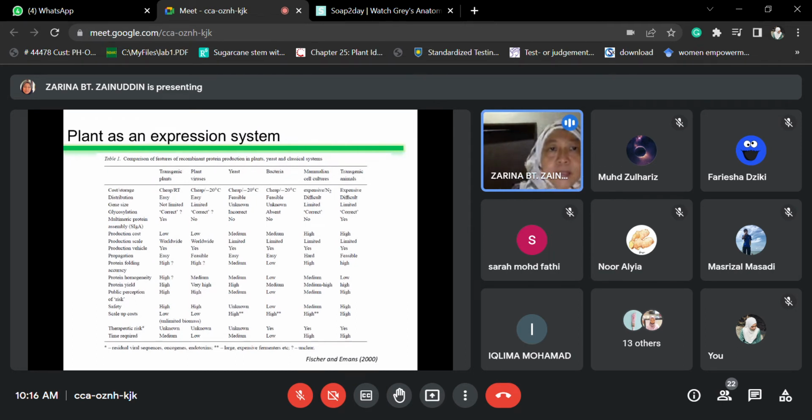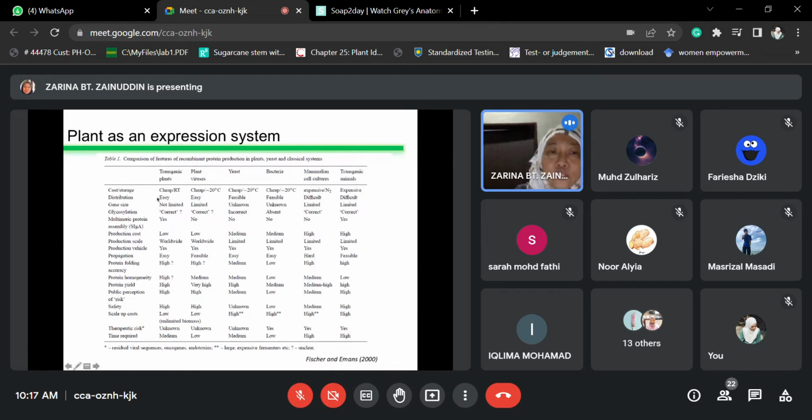For storage, if you develop a transgenic plant that can produce a vaccine, you can store the transgenic plant at room temperature. But for viruses, storage requires -20. Yeast also -20, bacteria -20. For mammalian cell culture, you have to store in liquid nitrogen. So this is very expensive.